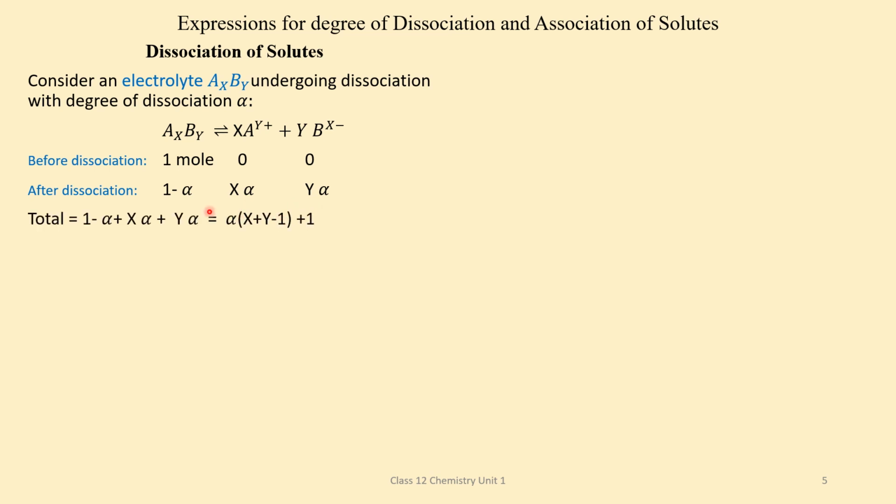So total molecules will be 1 minus alpha plus x alpha plus y alpha. That is this line, completely the total. That is equal to, simplifying, alpha into (x plus y minus 1) plus 1, where 1 is the original mole.